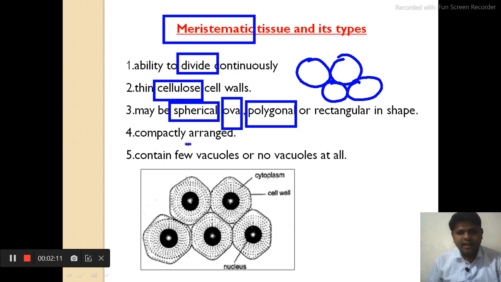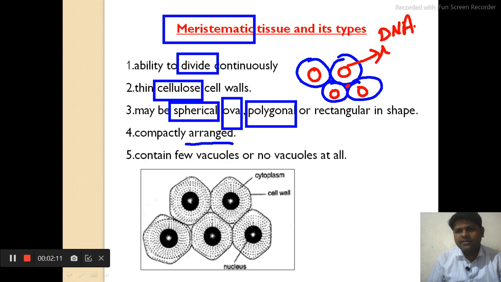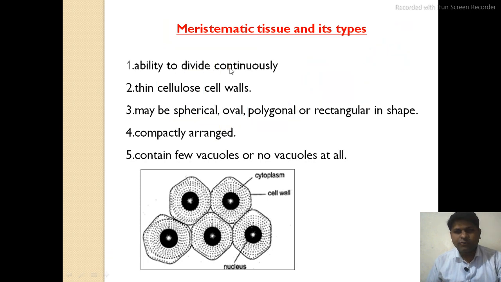They are very compactly arranged. Compactly arranged means they have no intercellular space. If you observe, the intercellular space is negligible or not present, but you can observe a large nucleus inside every cell, because the nucleus contains DNA. When a cell makes a copy of itself, the copy of DNA should also be made.